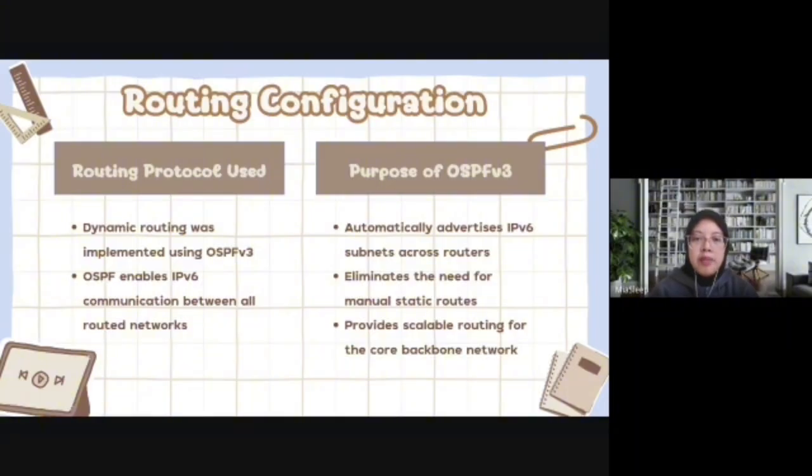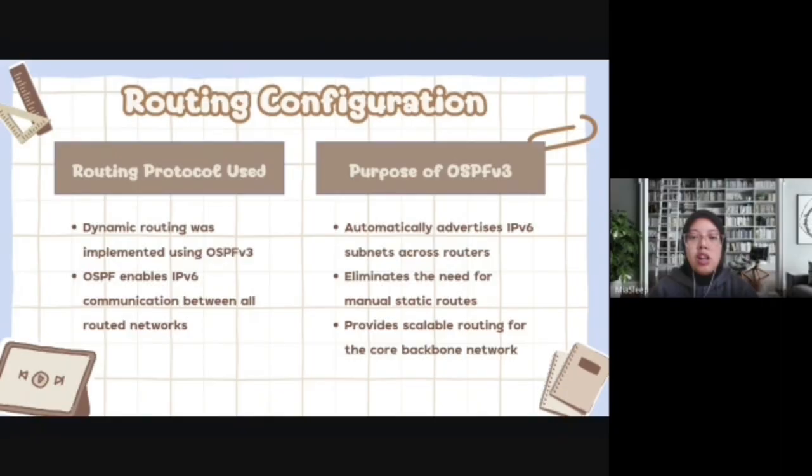OSPFv3 allows IPv6 networks to automatically exchange routing information between routers. Each router interface connected to a network was assigned an IPv6 address and enabled to participate in OSPFv3. Once configured, the routers successfully form neighbor relationships and share routing information.